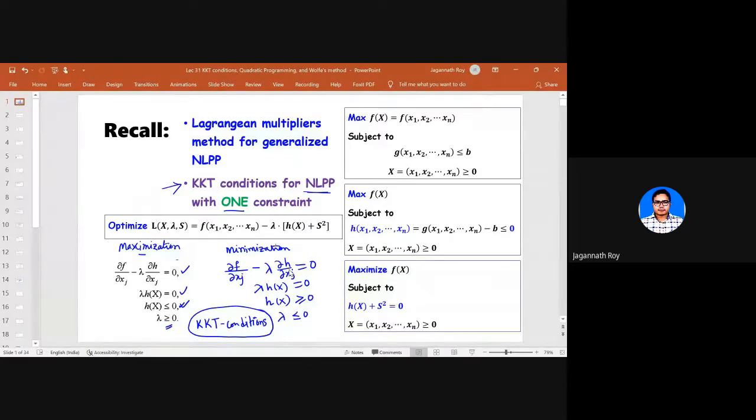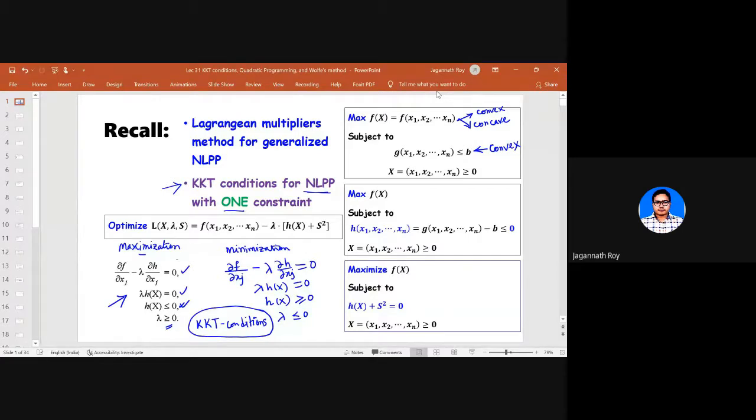And then we have seen that these conditions are necessary conditions. They will be sufficient also if the objective function is either convex or concave, and the constraint function must be convex.